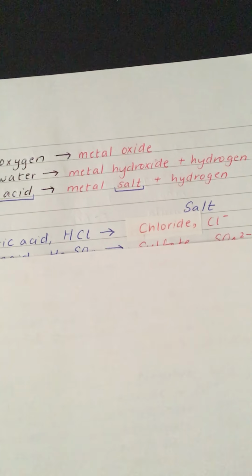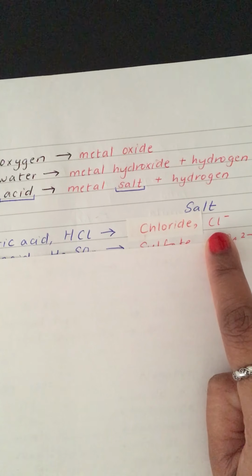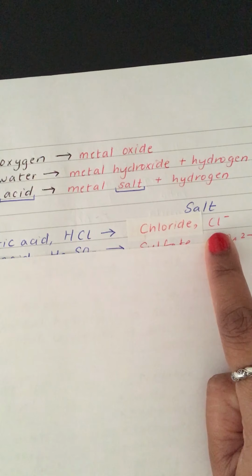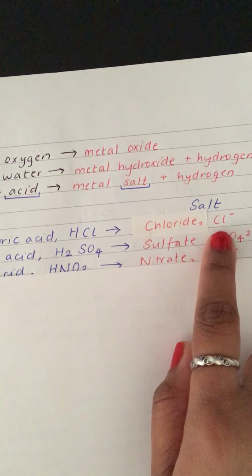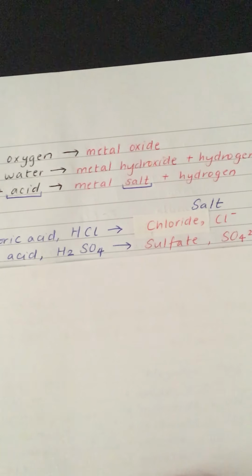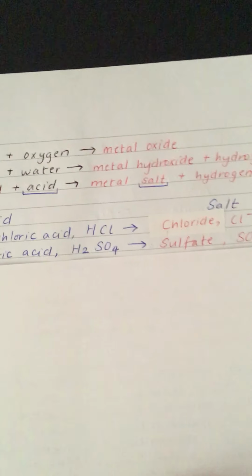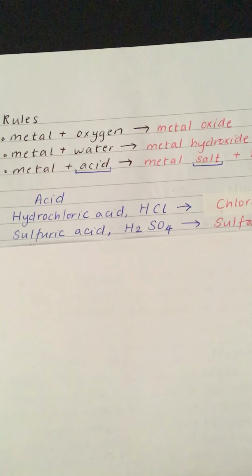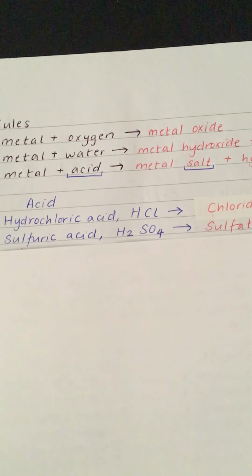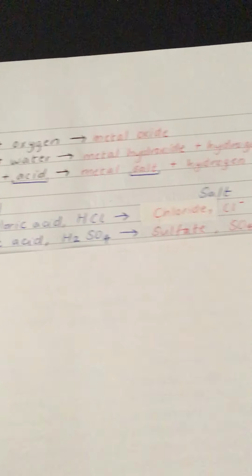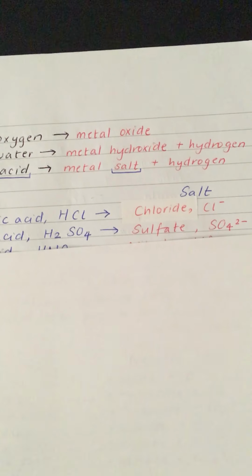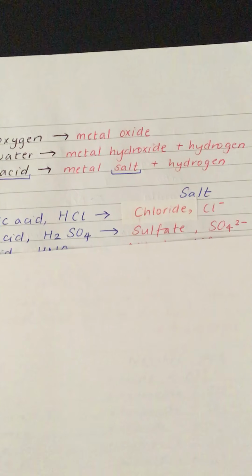And it's really important, guys, that you remember the charges of these ions. So you need to know that in the acid, we've got chloride ions. If you've got sulfuric acid, the formula, again, you're expected to know, is H2SO4. And the ion of the salt is SO4 2-.